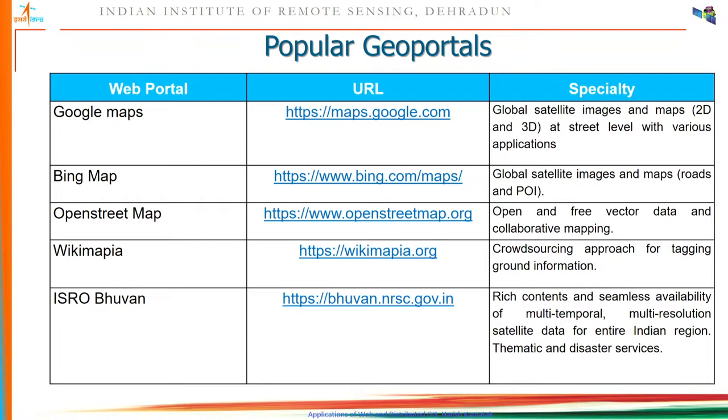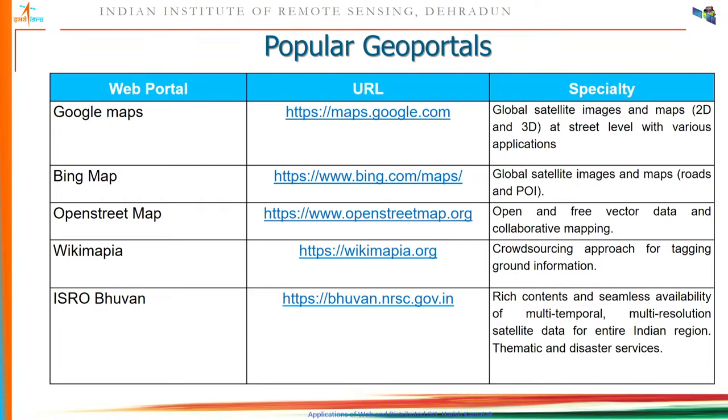data model we can download, or in fact it provides a platform for collaborative mapping. When I say collaborative mapping, that means the users can log into the website and can also create the map or generate the spatial data for any region of this world.